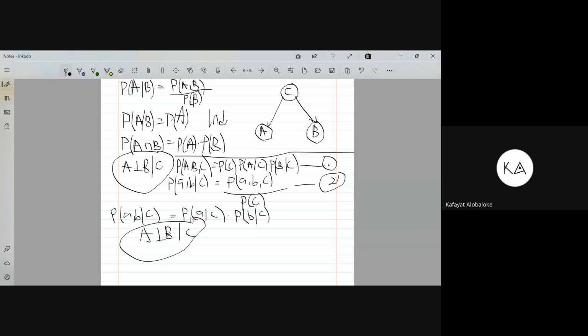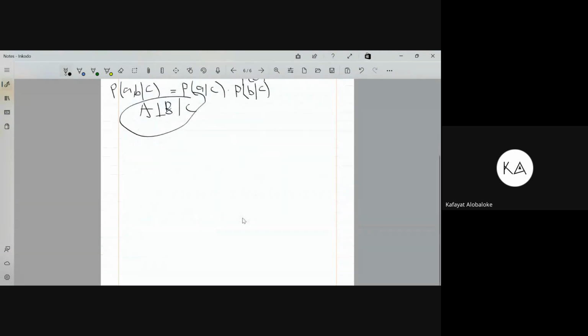So if A and B are conditionally independent given C, then the probability of A and B given C will be equal to probability of A given C multiplied by the probability of B given C. Now let's look at the real world illustration in this case.